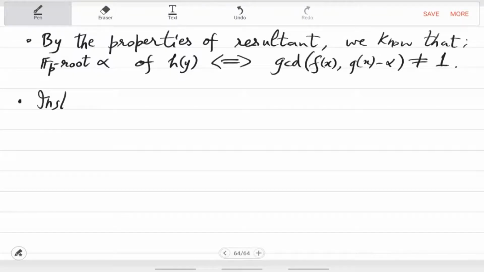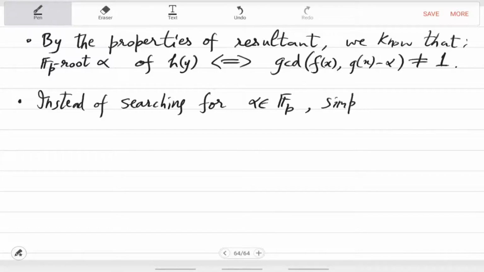So instead of searching for alpha, simply factorize this polynomial.